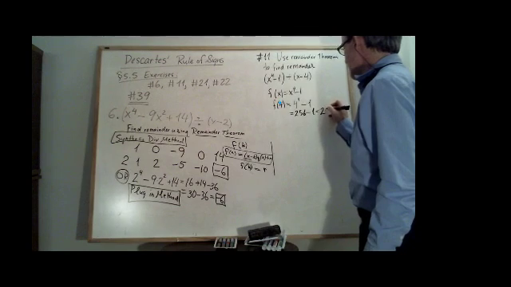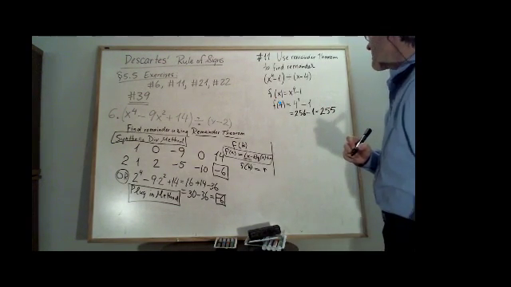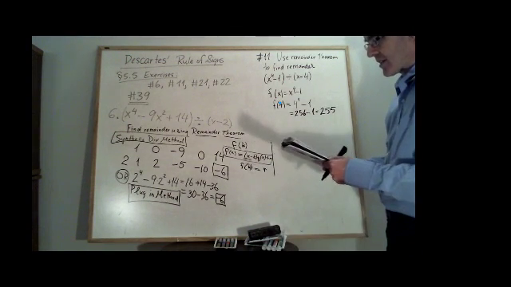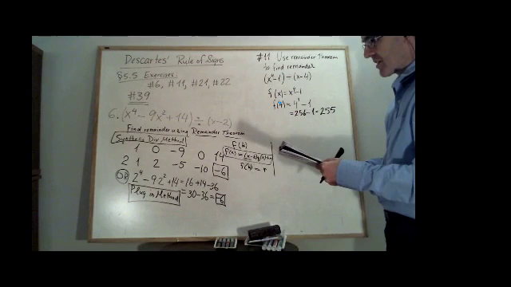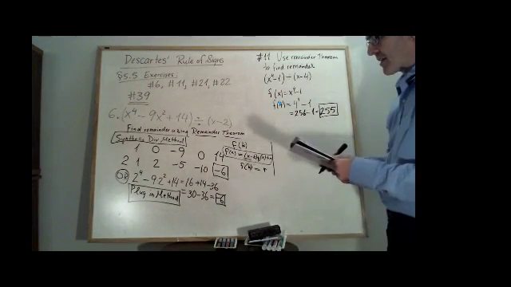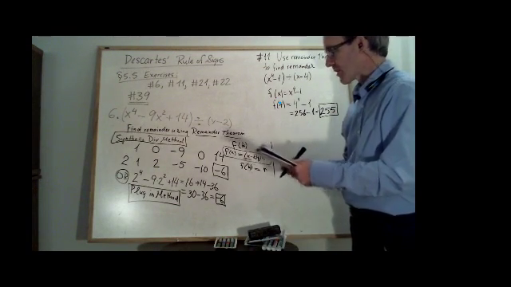Minus 1 is 255. Okay, so if you chose to do it the other way, then go ahead and do that by all means. You should get the same answer as this. In fact, I did try it and I did get the same answer by doing it the other way as well. Okay.